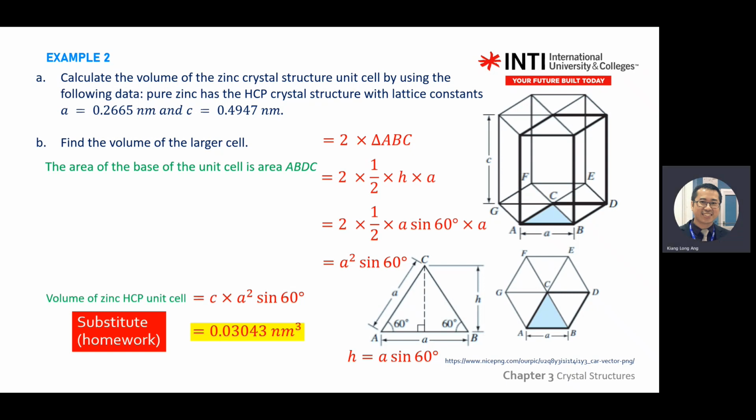The A value is given, and the C value too; the unit is in nanometers, so you get nanometer cubed. This is a reference answer. Sometimes the reference answer is wrong, but the steps are correct.